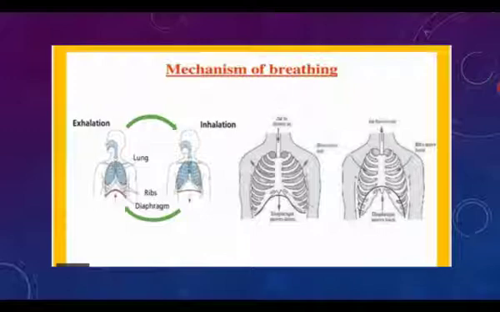When the volume of the lungs increases, the atmospheric air, rich in oxygen, enters into the lungs through the nose. And when the diaphragm goes upward, the volume of the lungs decreases. When the volume of the lungs decreases, the carbon dioxide-rich air present inside the lungs goes outside the body.